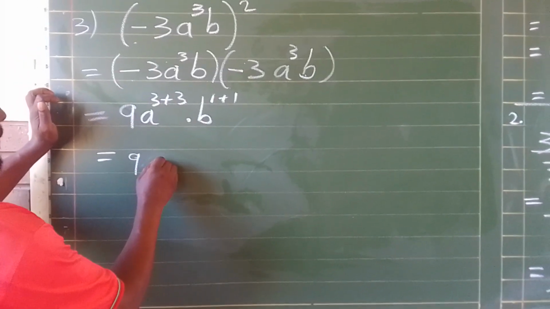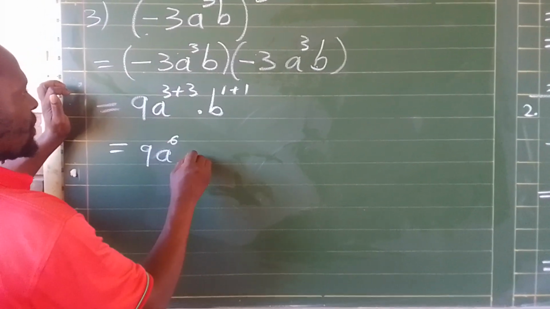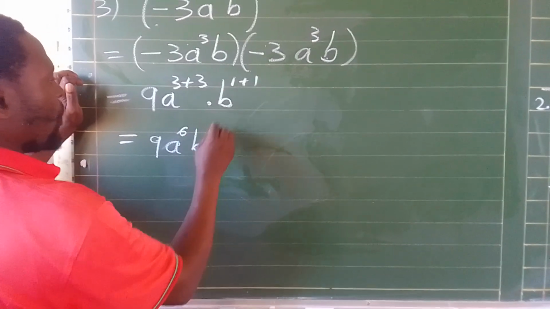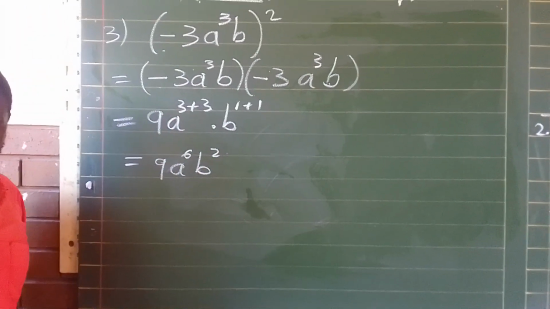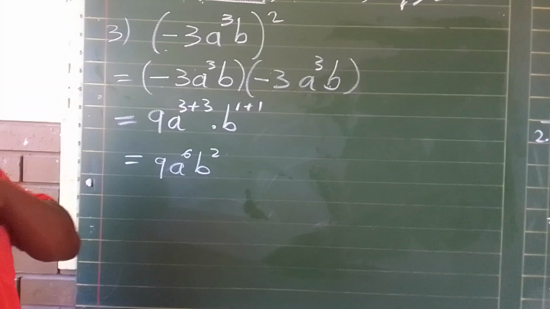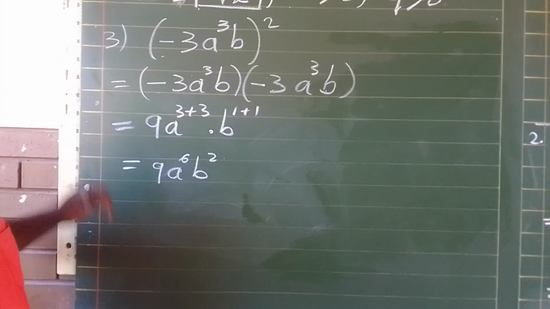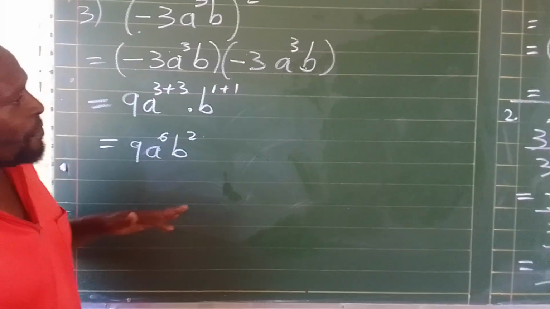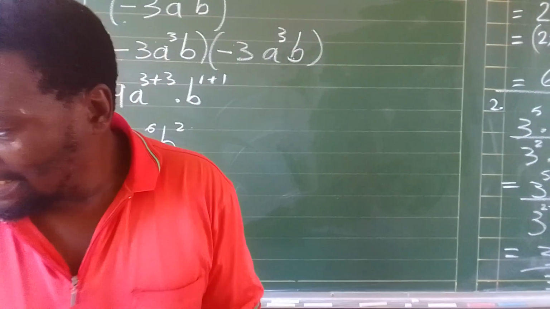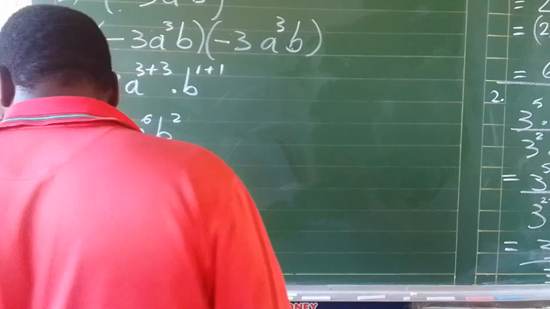It's 9 a to the power 6 b to the power 2. You have simplified it. This is what they want you to do. And then if maybe you are given something like this, this is the last problem that I'm going to do with you.